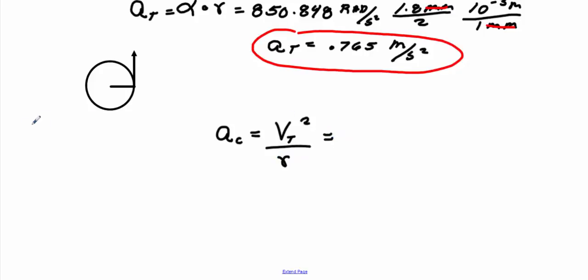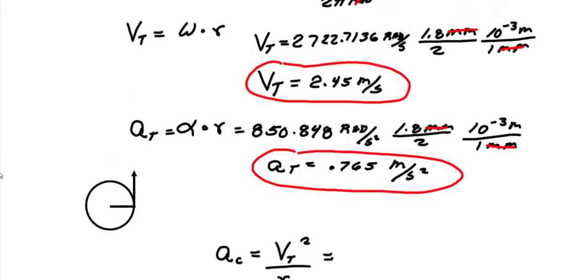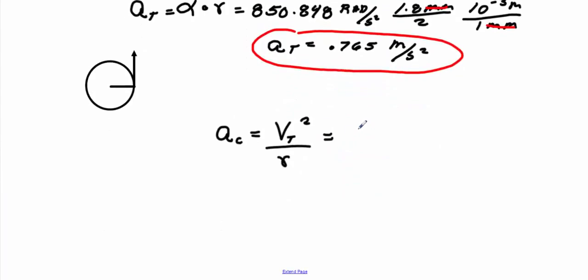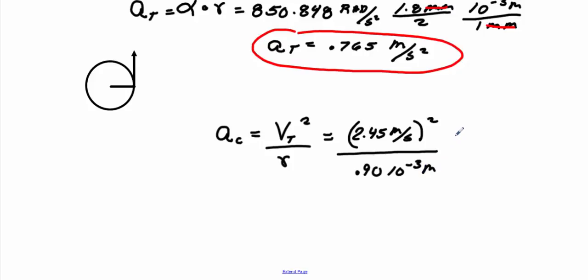So we know the tangential velocity was 2.45 meters per second. We will square that and divide by the radius. Again, we want to convert this, and that's going to be 1.8 divided by 2, so this time I'm going to make it 0.90 times 10 to the minus 3 meters.